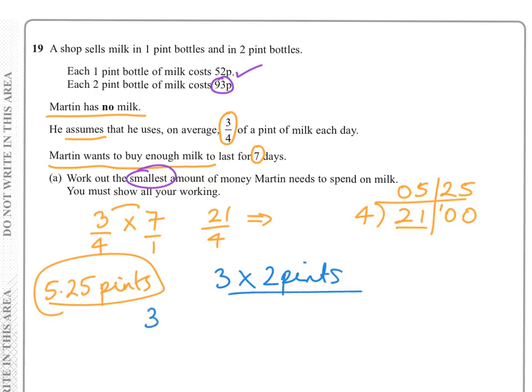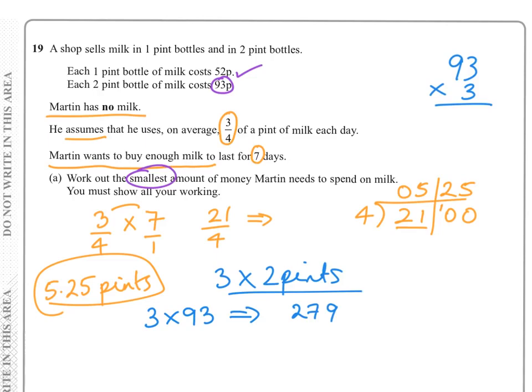And that would mean I'd have to work out 3 times 93 in pence, and I would get 3 times the 3 and 3 times the 9, so I'd have 279. Okay, so I'm not going to go into too much how to do 93 times 3 right now, but you should be able to have a look at that.